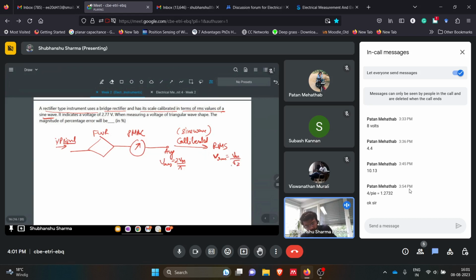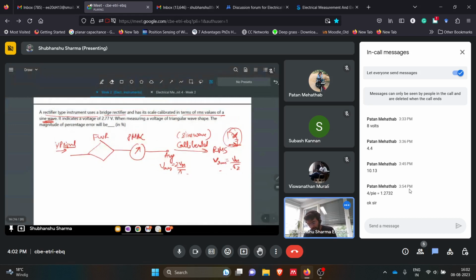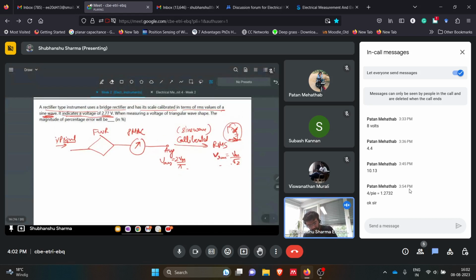Using these two relations, the final scale has been calibrated, which our customer is seeing on that voltmeter box. So this is according to the sine wave. Now the question is saying it indicates a voltage of 2.77 volts, so at the display scale we got a value of 2.77 volts.